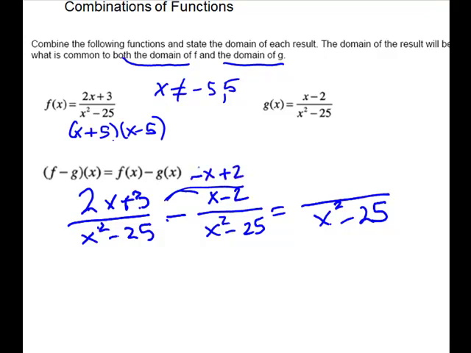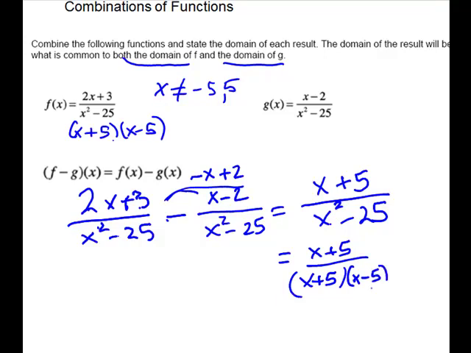So I have 2x minus x will be x, and 3 plus 2 would be plus 5. This will reduce, and so our denominator here is x plus 5, x minus 5. And so you can divide out the x plus 5. Your answer is 1 over x minus 5.